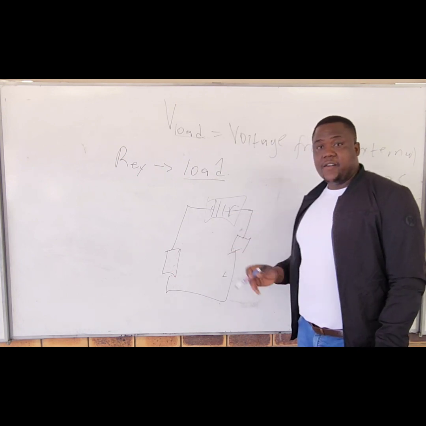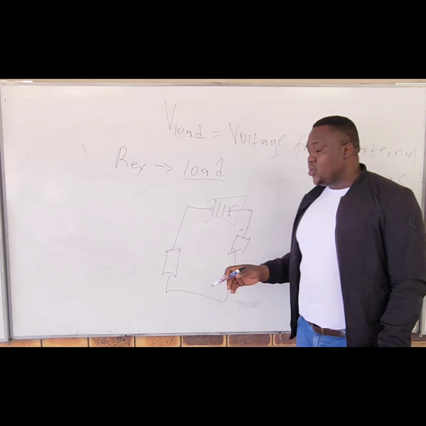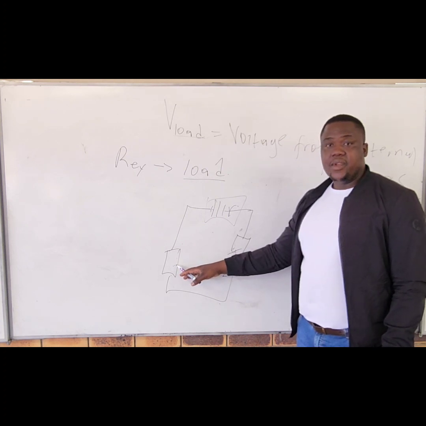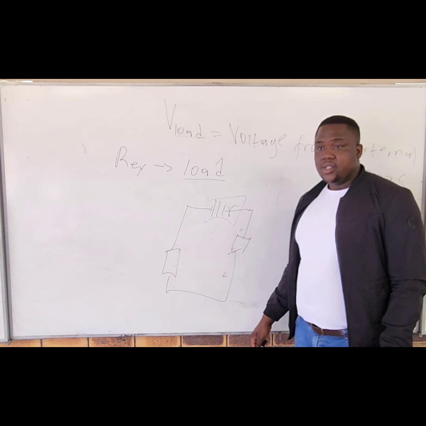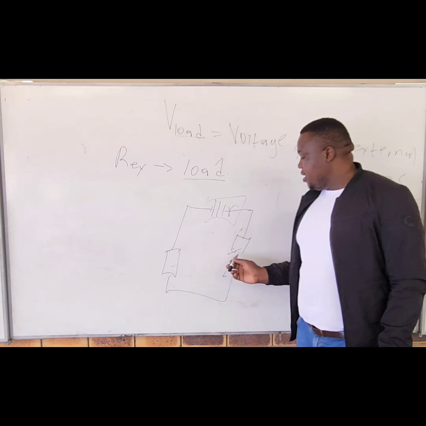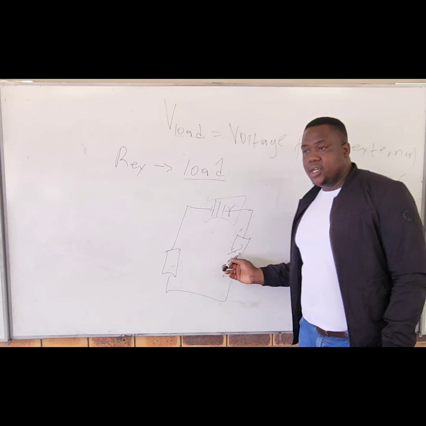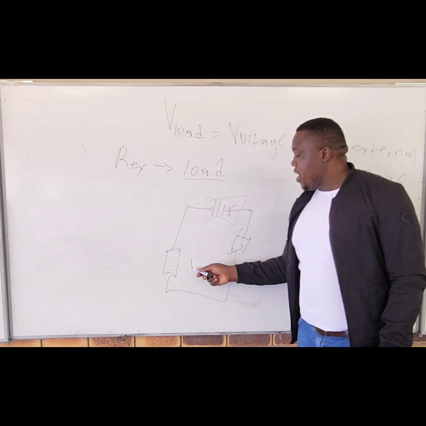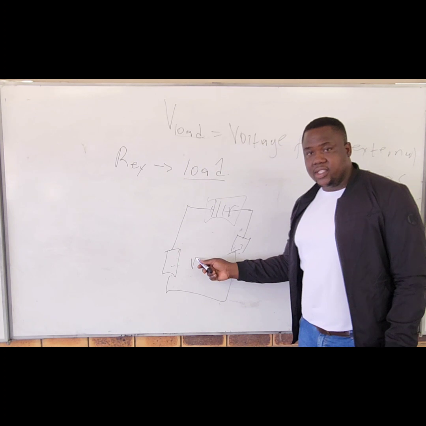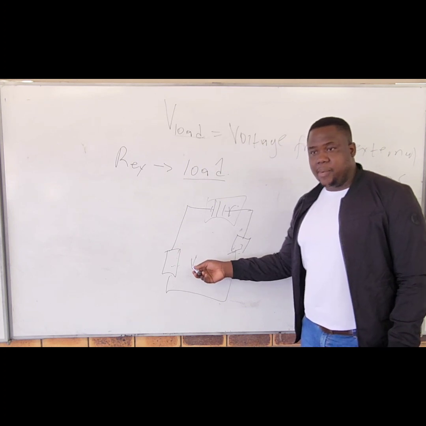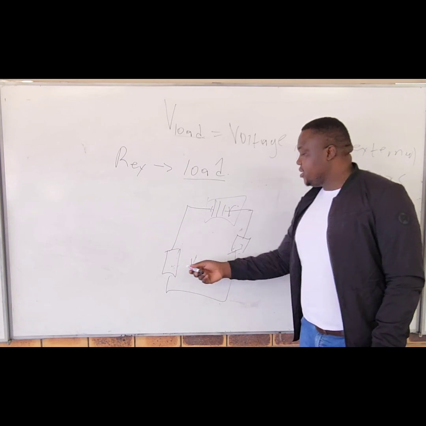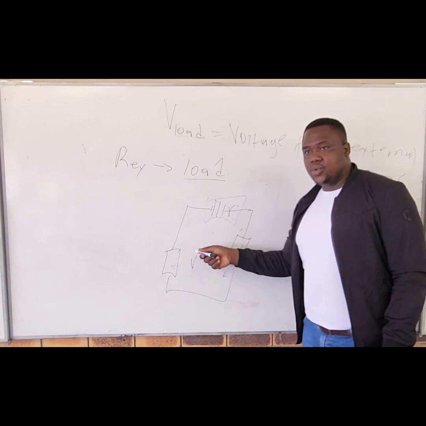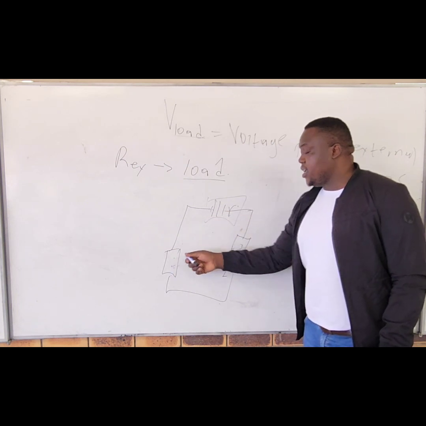Remember, for instance, we've talked about that the voltage in series is not the same in different resistors, right? So the voltage that is here and here, when we sum them, we're going to have V load. V load is the voltage experienced by the what? By the external resistor. It is the voltage that we get from the external resistor.